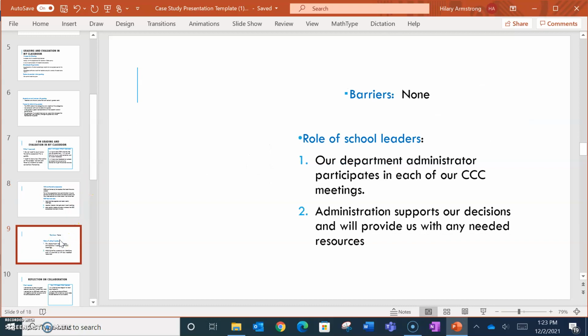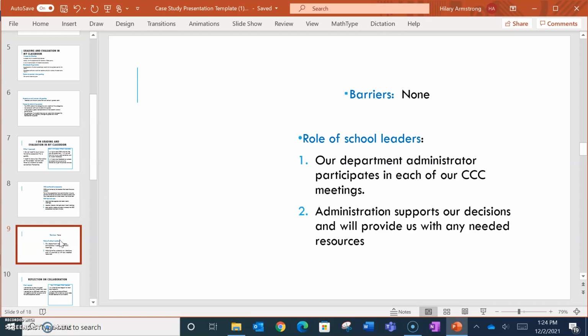We didn't have any barriers to completing the case study. Everything was contained within the classroom using formative assessments that we always use, and the data that we collected would be data that we would look at for anything else that we do. The role of the leaders at our school: each department has their own administrator, and our administrator actually likes to sit in on the Geometry Y meetings.